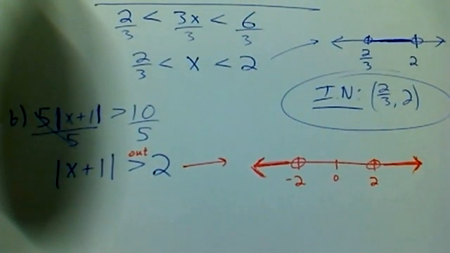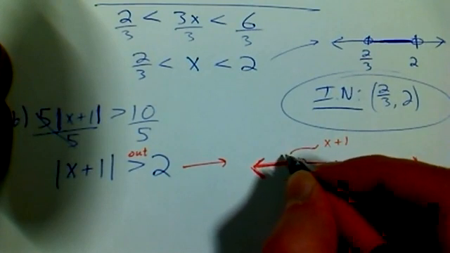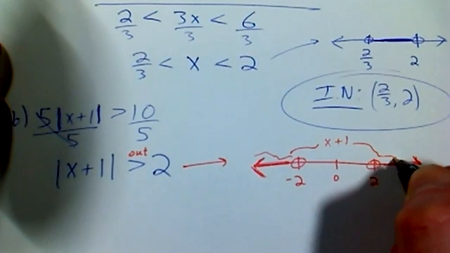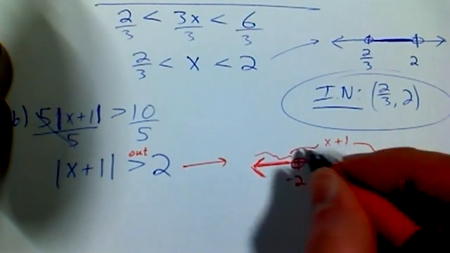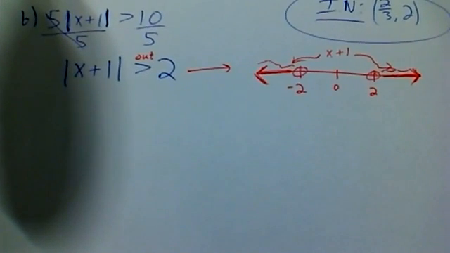So what I'm saying here is that x plus 1 is all the stuff over here and all the stuff over here. That being said, we can see that I can't write this as a compound inequality. However, I can write it like this.